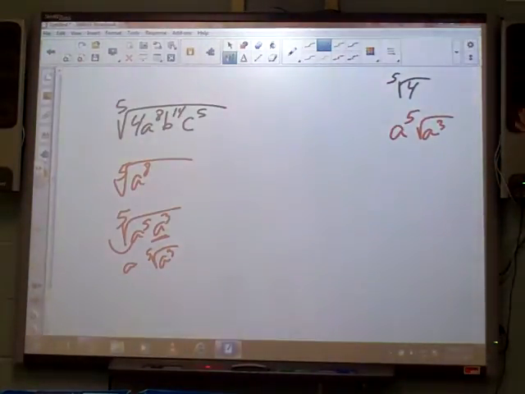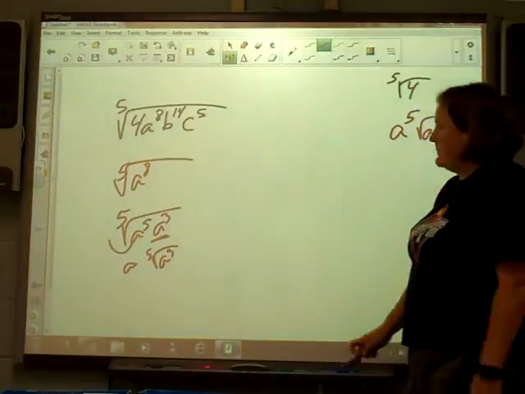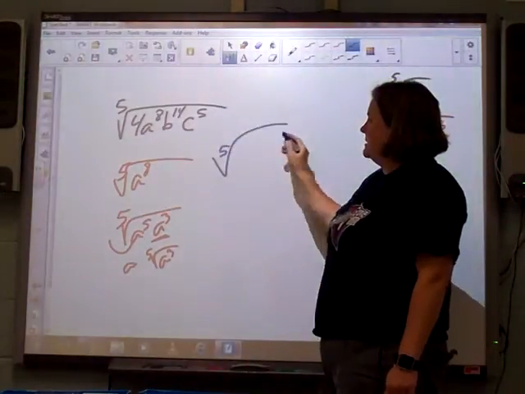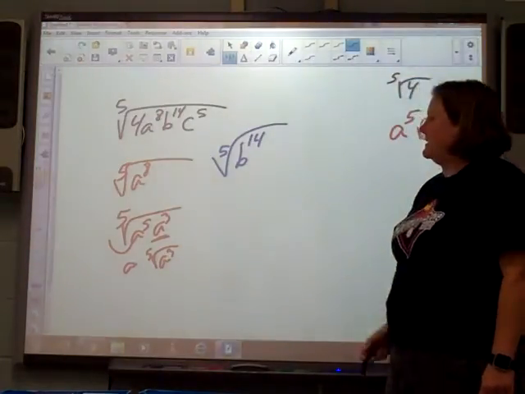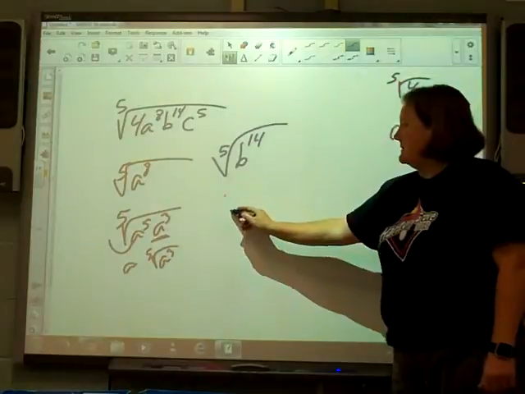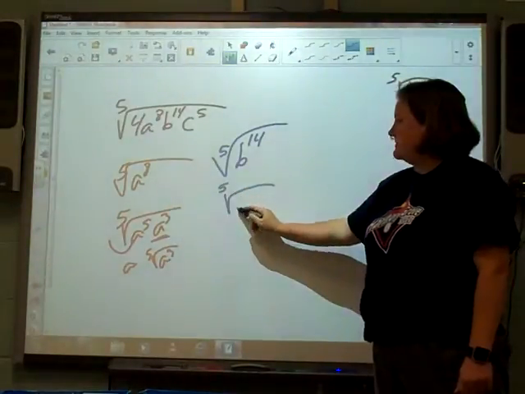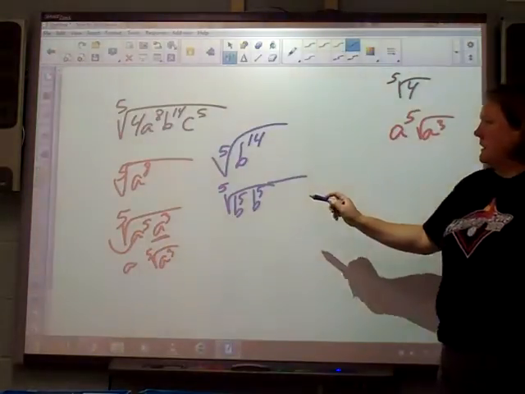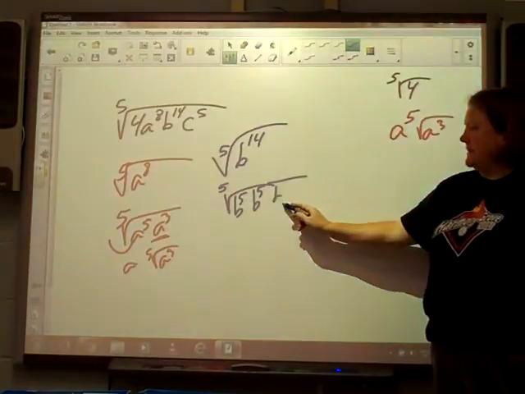On these answers I'm saving over here, I'm going to have a lot to put together in the end. Okay, now let's go to our b's. We've got the 5th root of b to the 14th. 14 divided by 5, that's not even. So I want to break that down into perfect 5s. 5, 10, 15, I need 14, so what does my next one need to be?